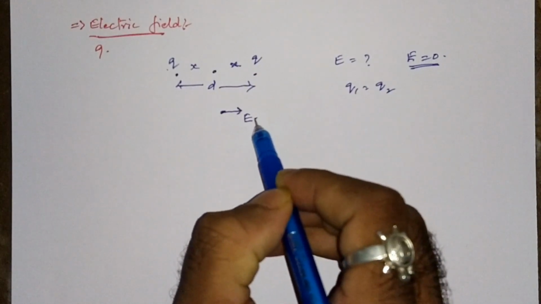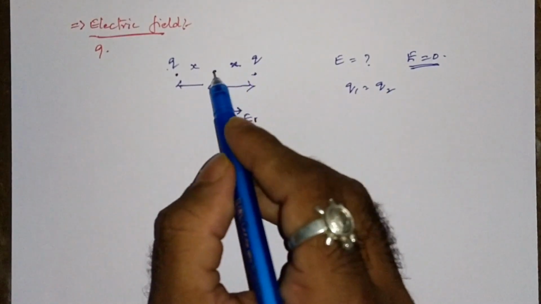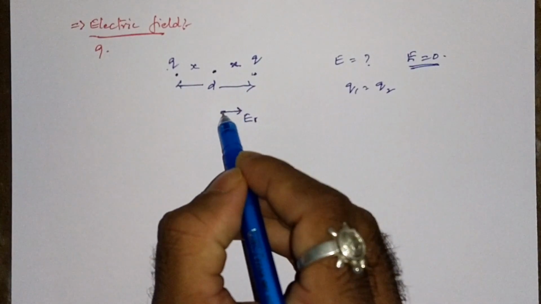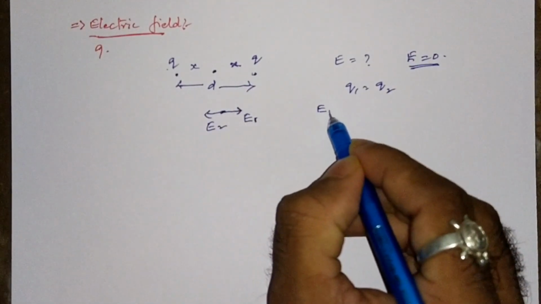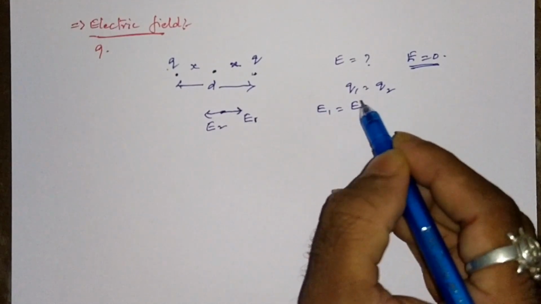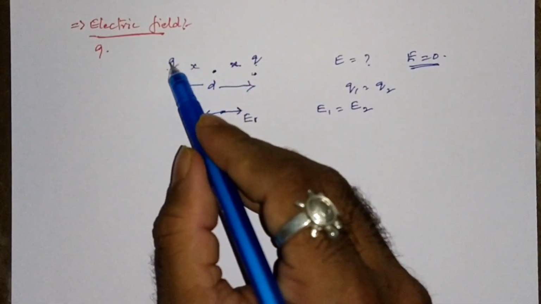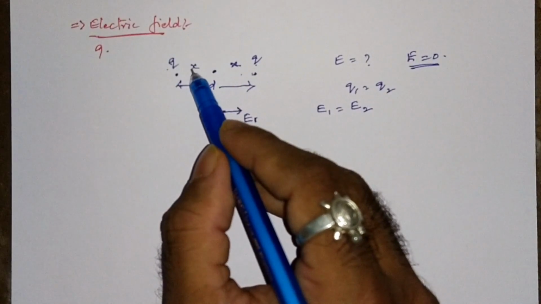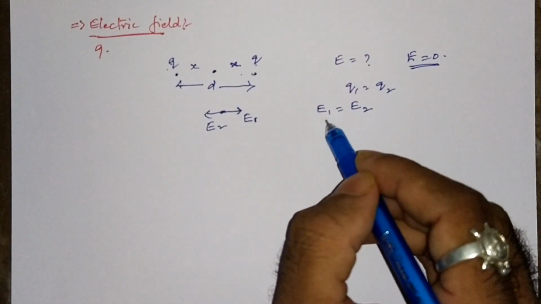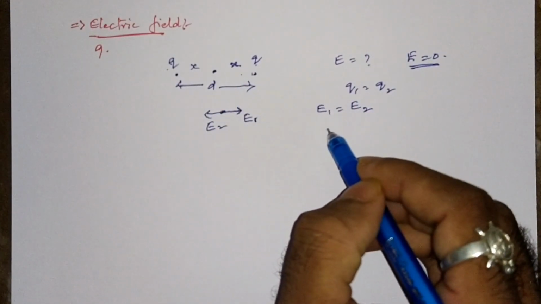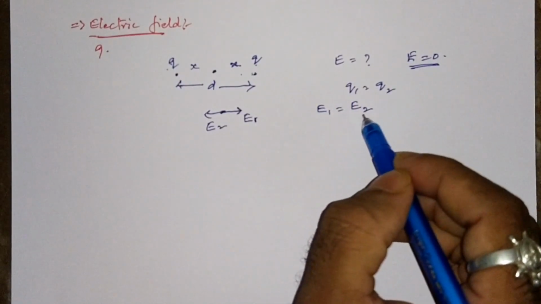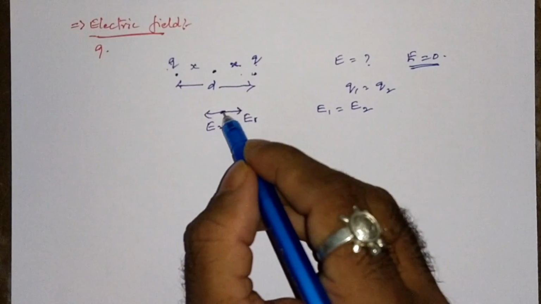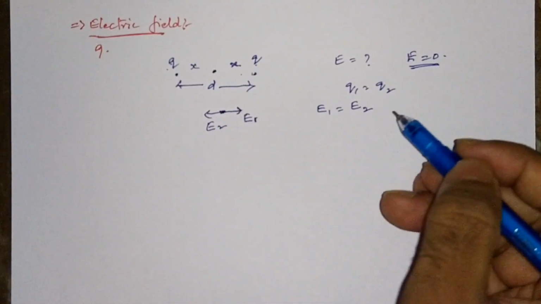This also I take in this direction, away from that, E2. Here E1 is equal to E2. How? The magnitudes of charges are the same and the distances are the same. E1 will be k into q by x square, E2 will be k into q by x square. Both are equal and act in opposite directions, so E will be 0.